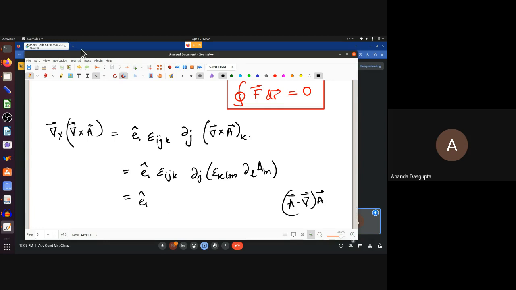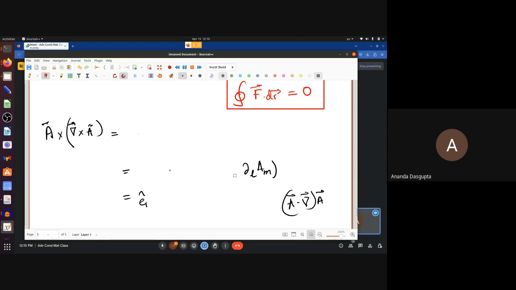Okay, this is definitely wrong because I started with the wrong thing. This is what I really wanted, not curl A cross curl of it. I just forgot that that's not what I really want.